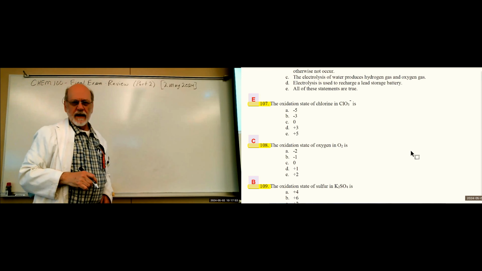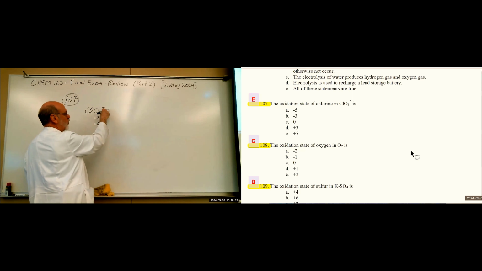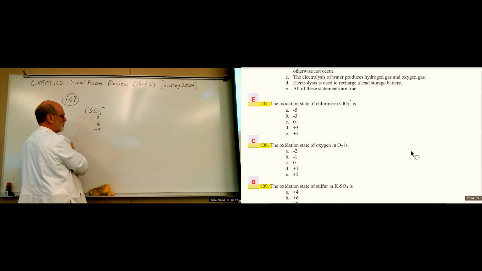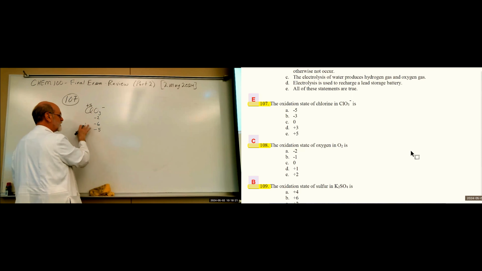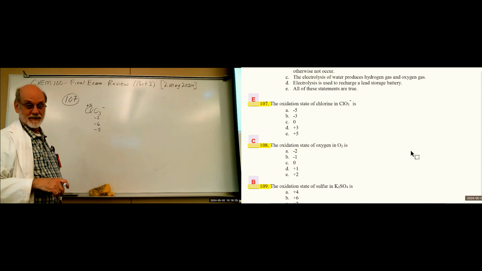So we're given oxygen as -2. Right? -2 times 3 is -6. But we got to hold one of them out for that negative. So we really only have to balance of -5. That means a +5 here will lead to a net -1. Right? So the answer there is E.